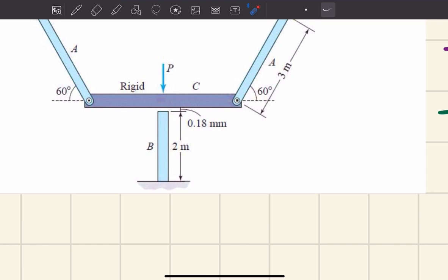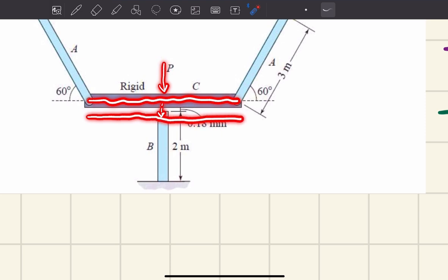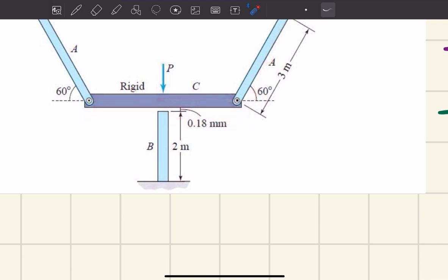So as a summary, once we apply this load to bar C, this rigid bar is not going to bend. It's going to sink down into bar B, a huge exaggeration, and spoiler alert, it's also bringing bar A, which is the point of interest, with it. But we'll get to that in just a second.